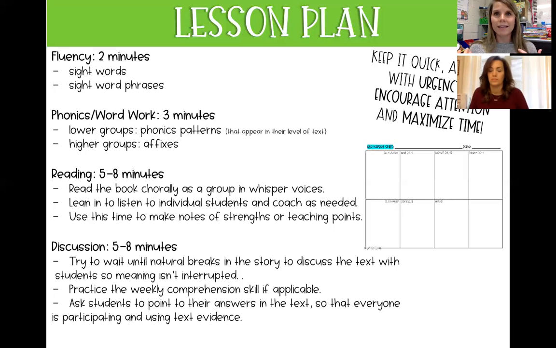Or if you like it to be a little more organic, just see where the conversation leads you. Students may pick out something about the text that you wouldn't have noticed on your own, and then how can your discussion go from there? That discussion portion is also a good time to include application, like maybe some writing within there too.